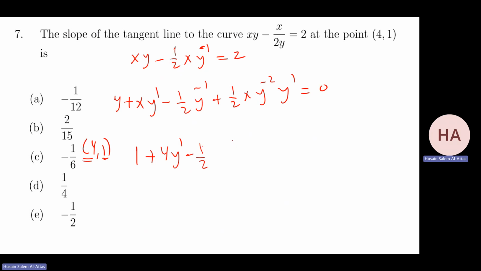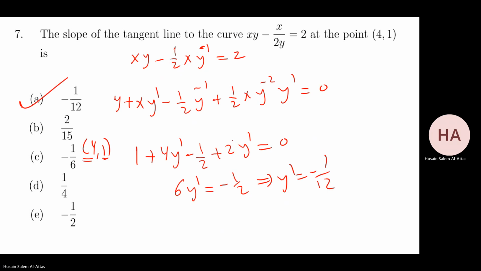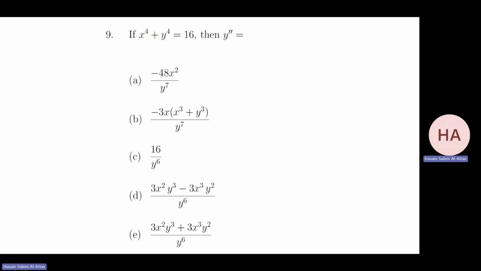Okay, that will be plus 2y prime equals 0. So I have 6y prime. 1 minus half is half, equals minus half. So y prime equals minus 1 over 12. Be careful about the calculation. This is x, this is y. Don't confuse it. If x to the 4 plus y to the 4 equals 16, find y double prime.